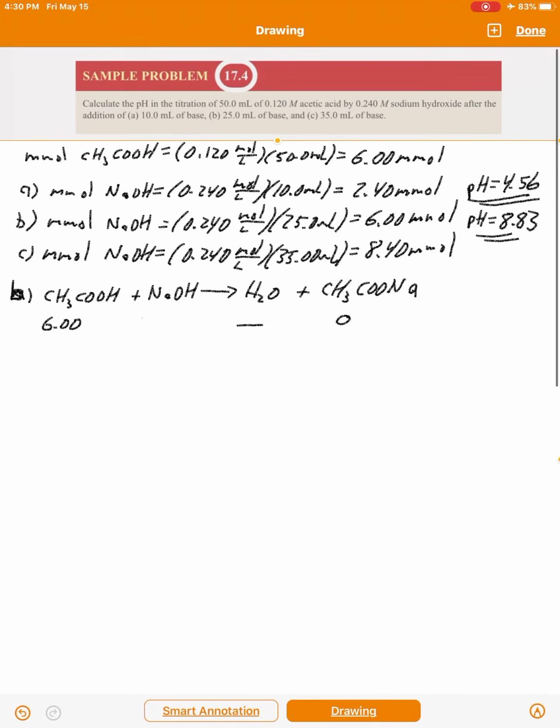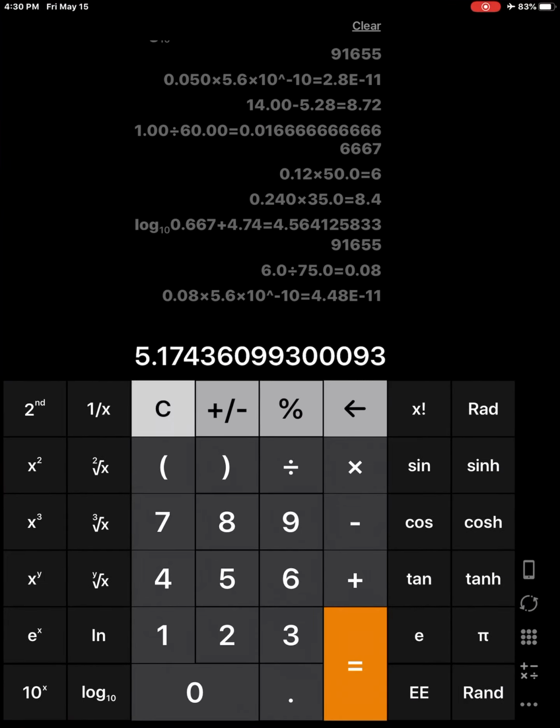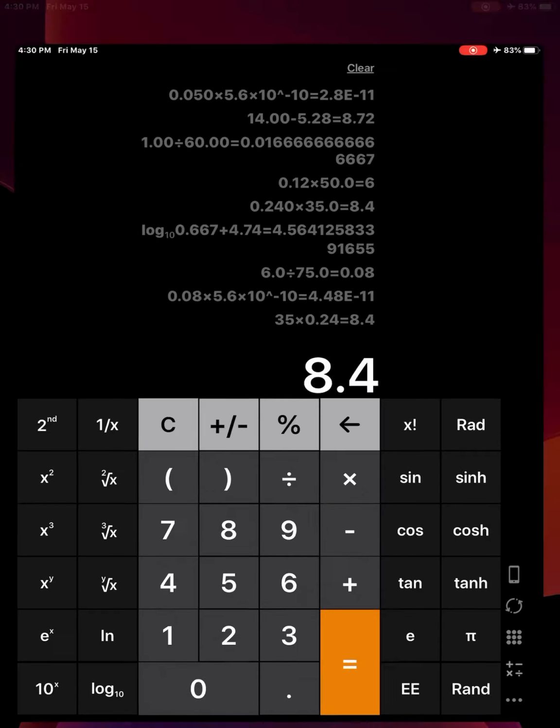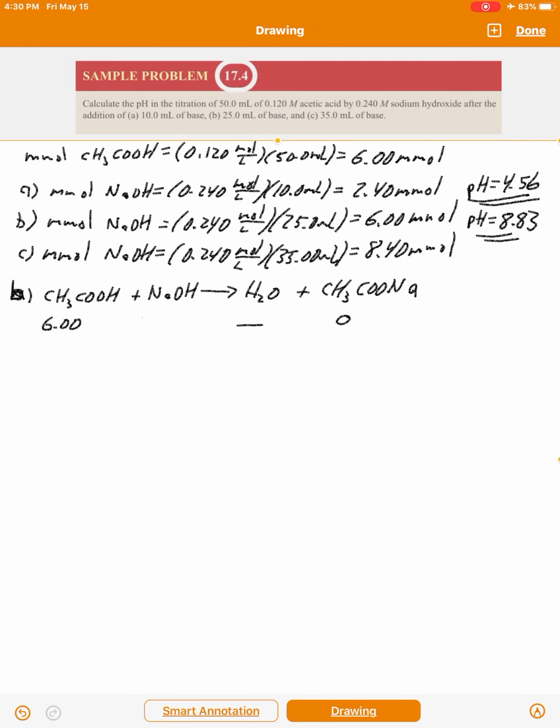Because we now have 35 milliliters, and that's 35 times 0.24. So I'm going to come back over here again. 35 times 0.24, 8.4 millimoles. That was a piece of information we had before, but got lost.